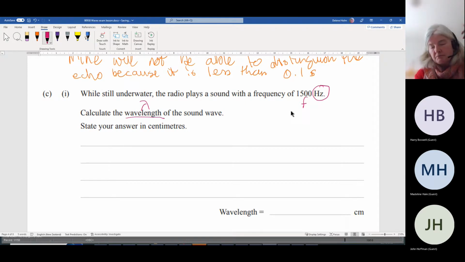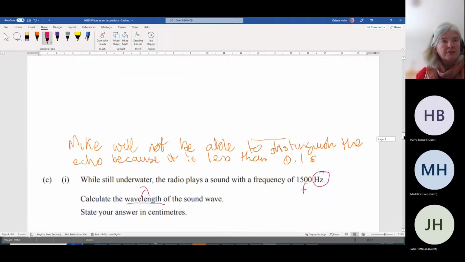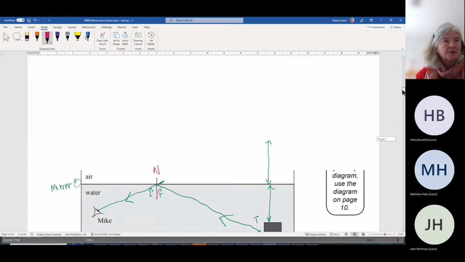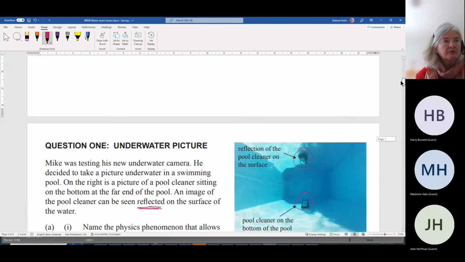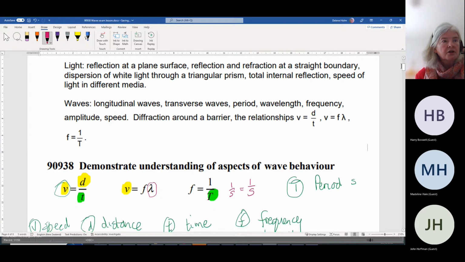So now you go back to your resource booklet and you go, okay, which formula has F and wavelength in it? So we go back up here again and we go, this has, because I need to calculate that. I'm given that and I was told the velocity earlier, so I know that.